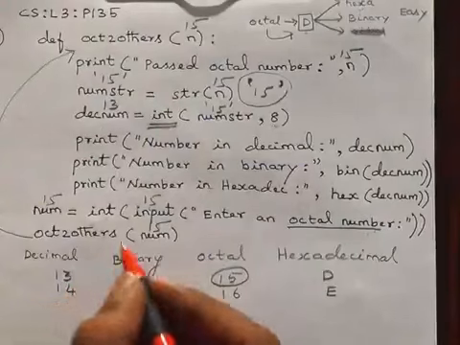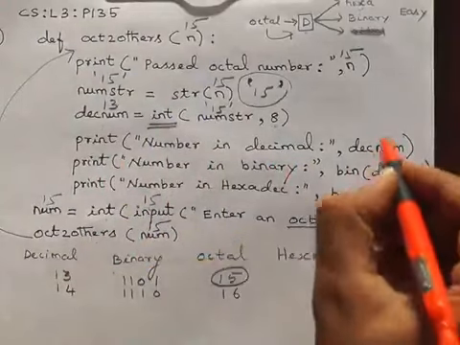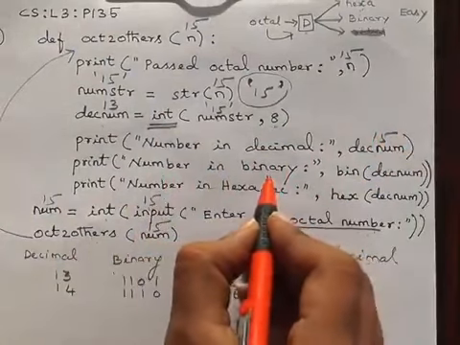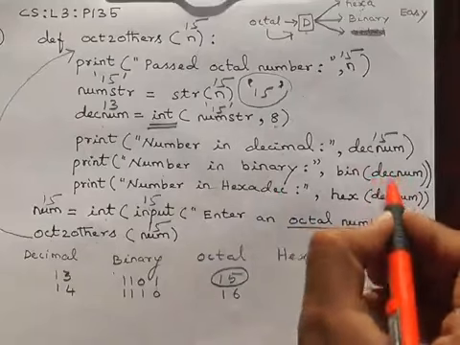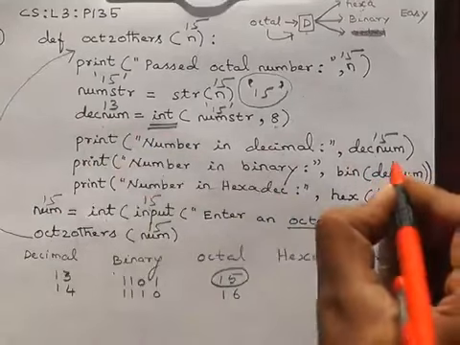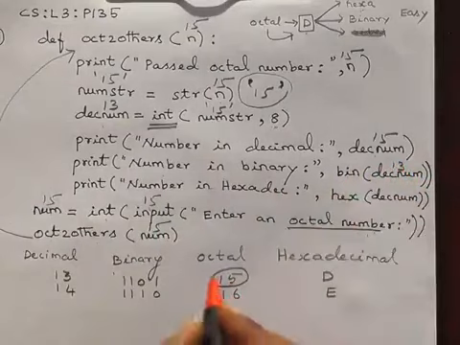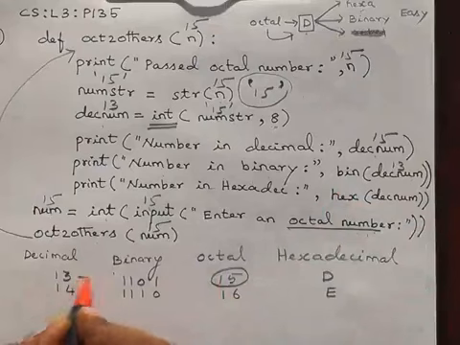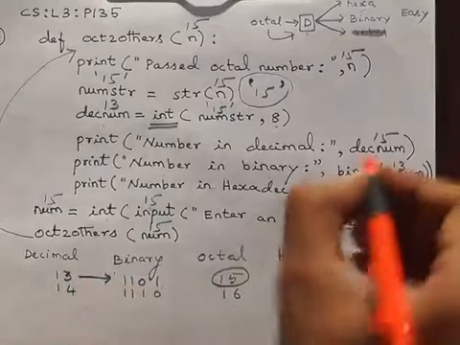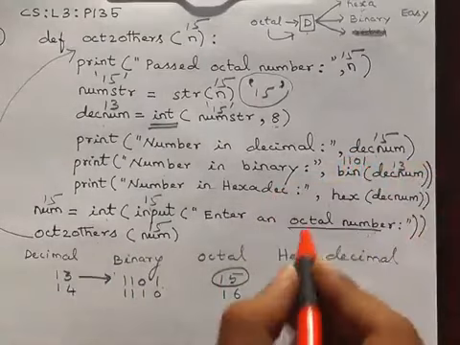Then here, number in decimal, what will be printed? 15 will be printed, and number in binary will be printed, followed by the decimal number, which is already there. It is 13. This 13 will be converted to binary. What is the answer? 1101. So that answer, 1101, will be printed here.